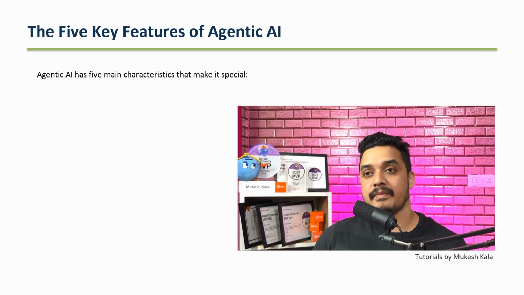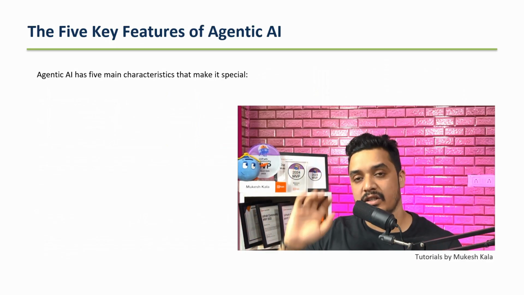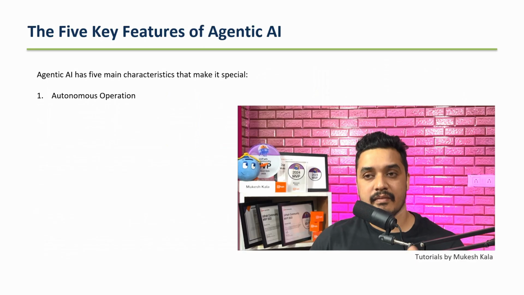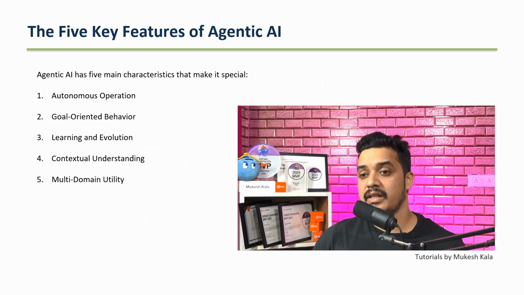Cool. So what's next? What about the features of agentic AI? There are a lot of features, so I want to talk about the 5 main characteristics of agentic AI: autonomous operation, goal oriented behavior, learning and evolution, contextual understanding, and multi-domain utility.